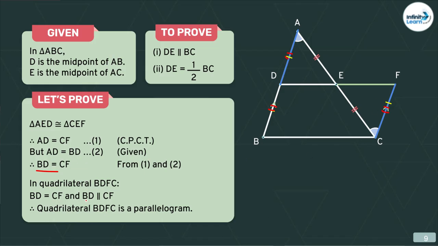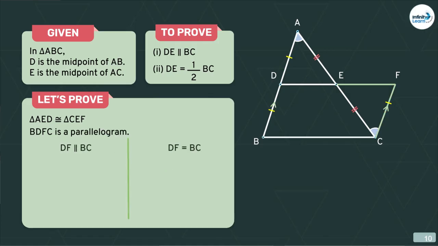Therefore BD will be parallel to CF. So BDFC is a parallelogram. Clear? BDFC is a parallelogram because BD is equal to CF and BD is parallel to CF. If one pair of sides is equal as well as parallel, then it is a parallelogram.